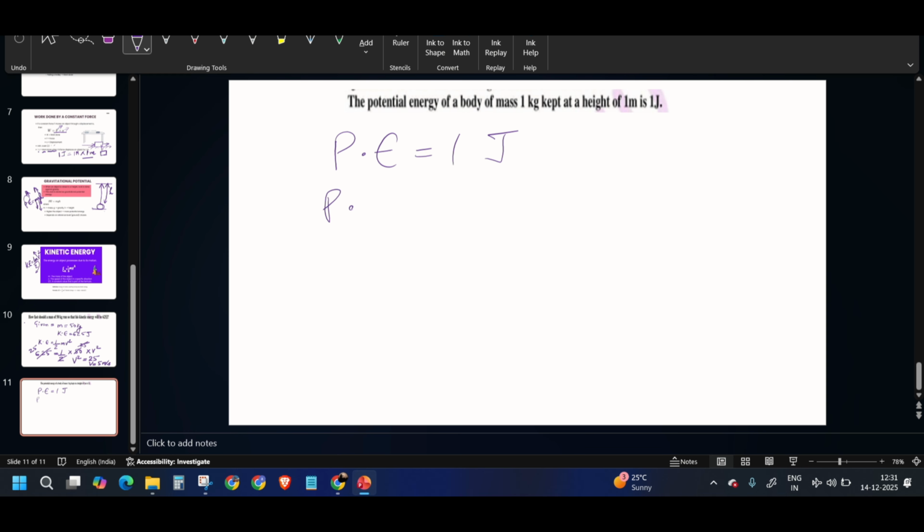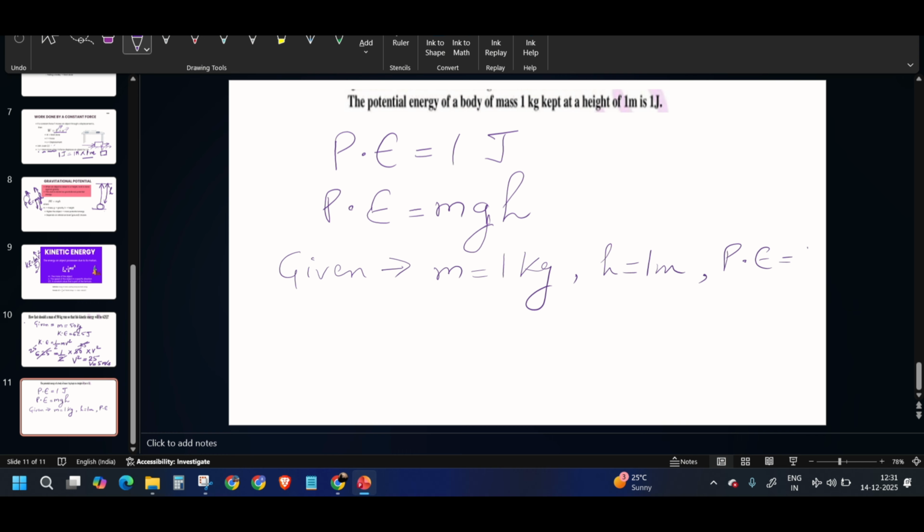And as we have learned, the formula of gravitational potential energy is mgh. What is given in the question? Mass is equal to 1 kg, height is equal to 1 meter, and gravitational potential energy is equal to 1 joule.